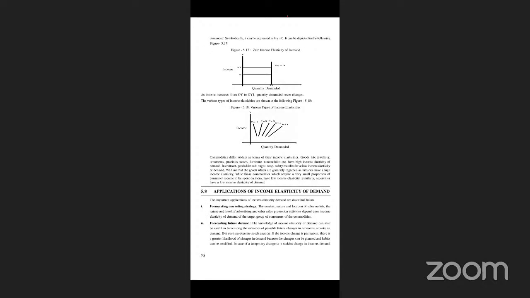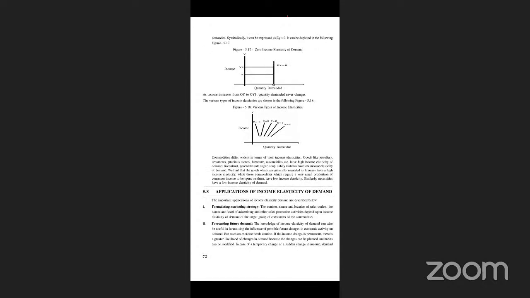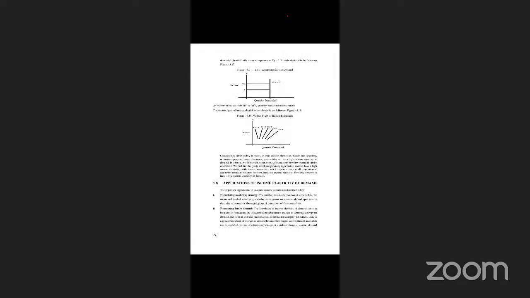That is where it is called EY equal to 0. So, income elasticity of demand has 5 types, as does price elasticity of demand: unitary, relatively elastic, relatively inelastic, zero, and elastic.